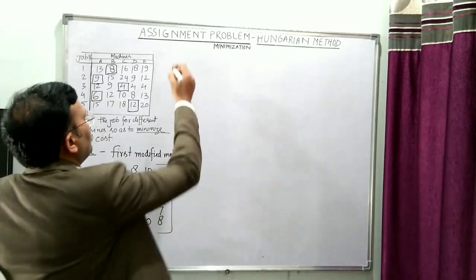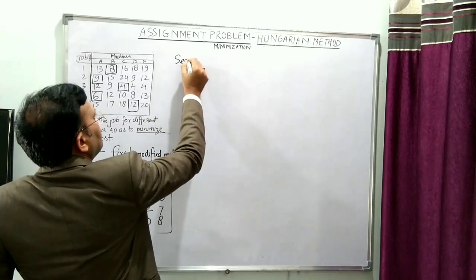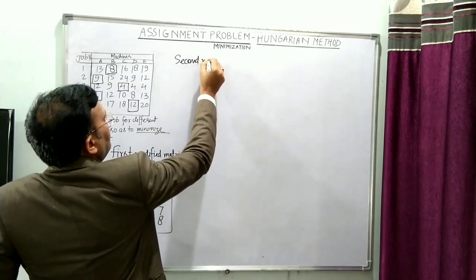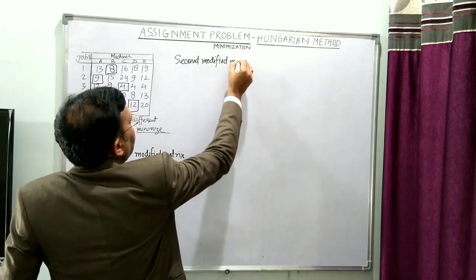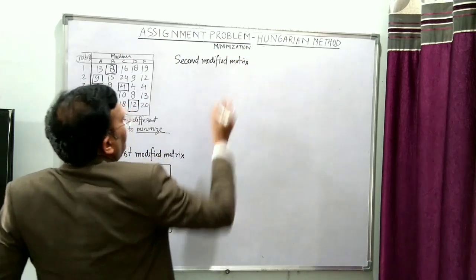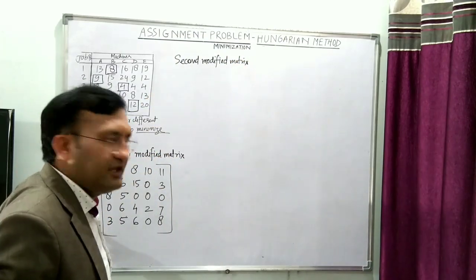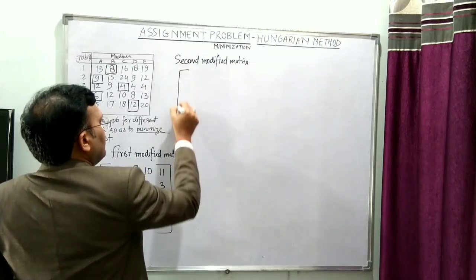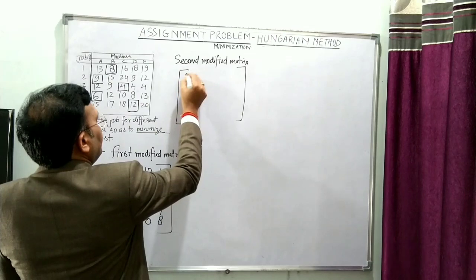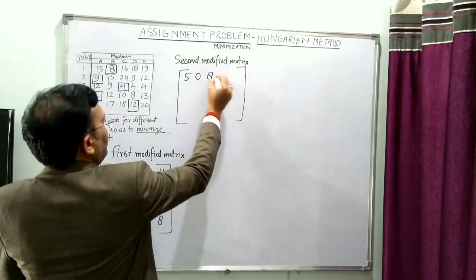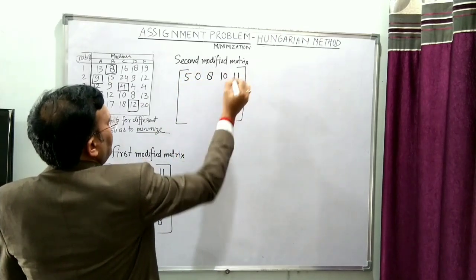So we are going to write the second modified matrix and we are going to copy the same because there will be no change. So it will be 5, 0, 8, 10, and 11.